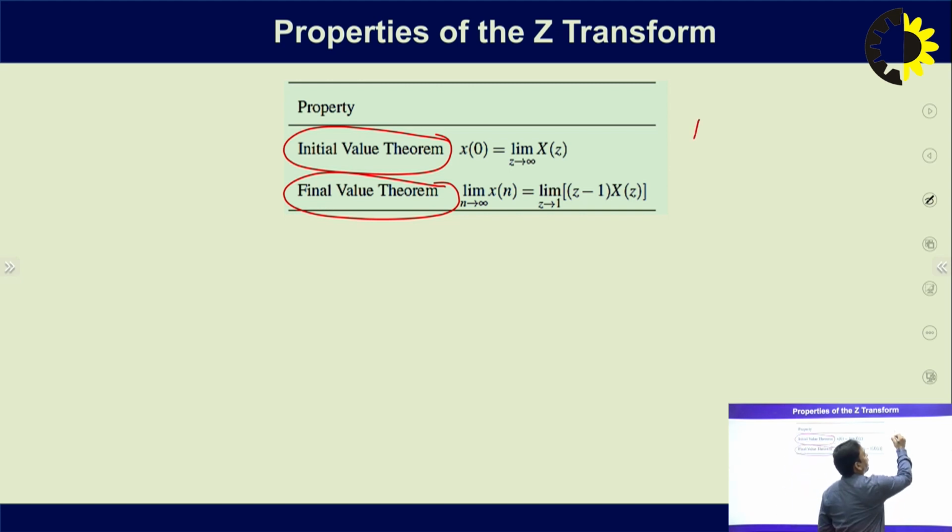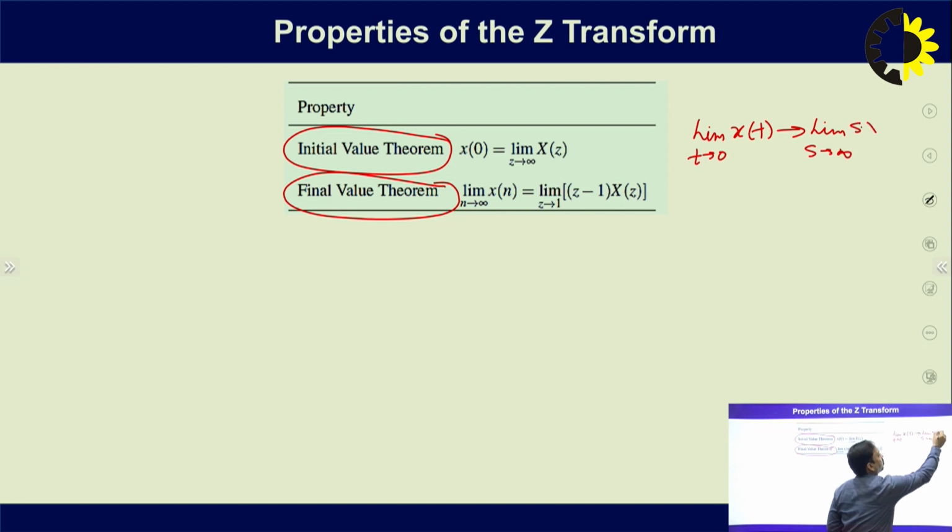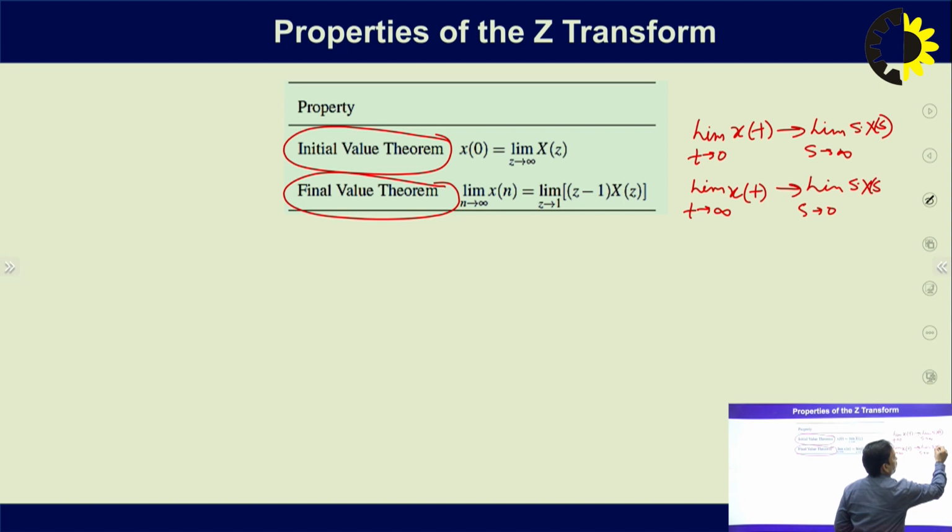The initial value theorem says limit t approaches 0, x of t can be written as limit s approaches infinity, s multiplied by X of s. And the final value theorem says that limit t approaches infinity, x of t can be written as limit s approaches 0, s multiplied by X of s.